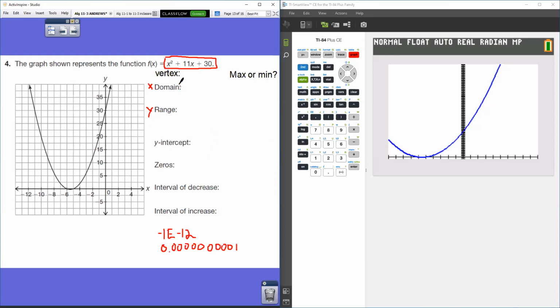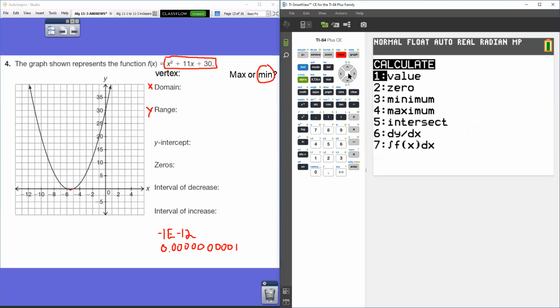So looking at this graph, you need to find the vertex. Now the vertex is the turning point of the graph. So that's right there. If you look really closely, that does dip below the x-axis. This is a min. So I'm actually going to use my calculator to find that vertex because the vertex is the min.